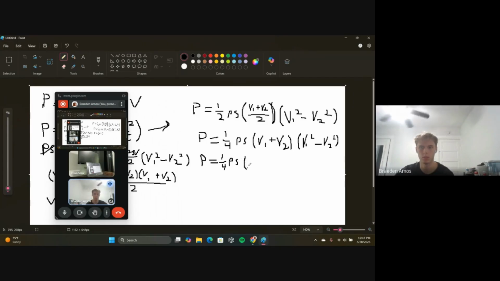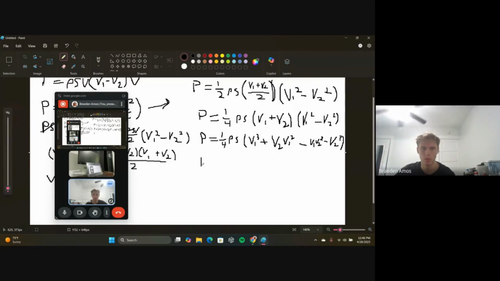So you get V1 cubed plus V2 times V1 squared minus V1 times V2 squared, and minus V2 cubed. Okay, so now we're gonna simplify this by taking V1 out.